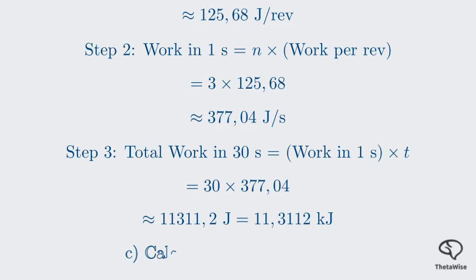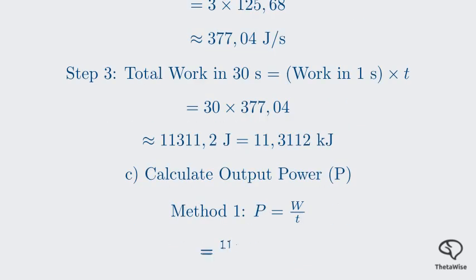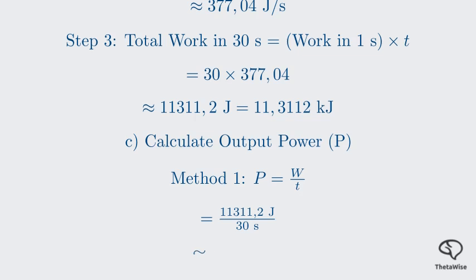For part C, we need to find the output power. There are 2 ways to calculate this. Method 1 uses the formula P equals W over t. We take our total work of 11,311.2 joules and divide by the total time of 30 seconds. This gives us 377.04 watts.